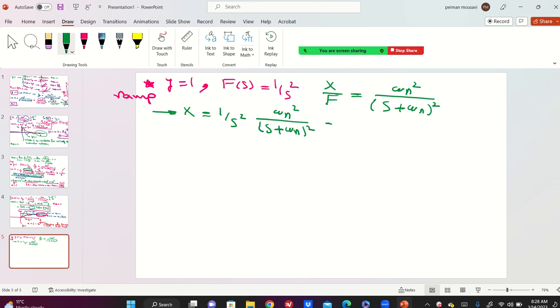When you have the fractions, this is going to be A over s square plus B over s plus C over s plus omega n square plus D over s plus omega n.